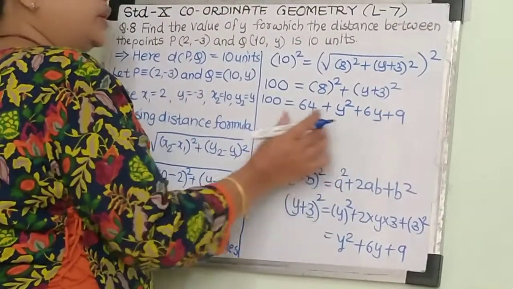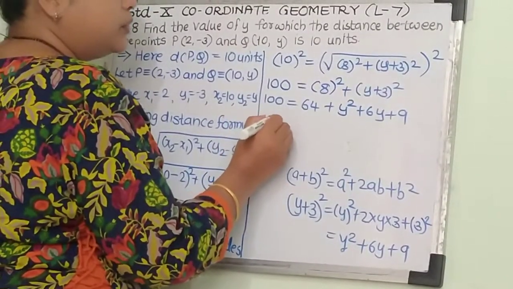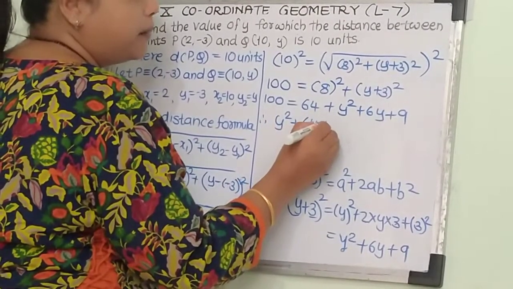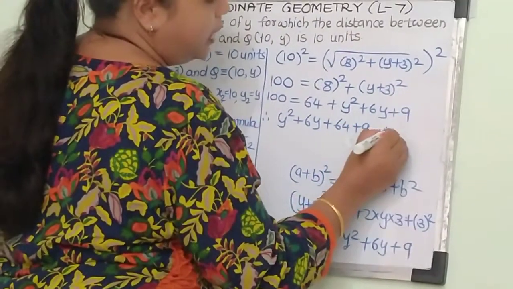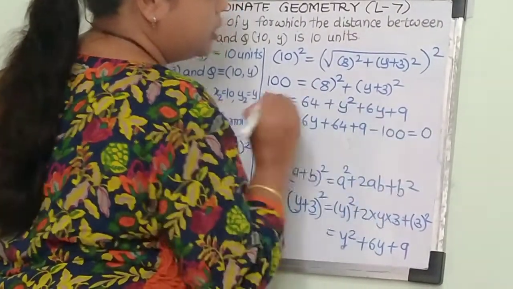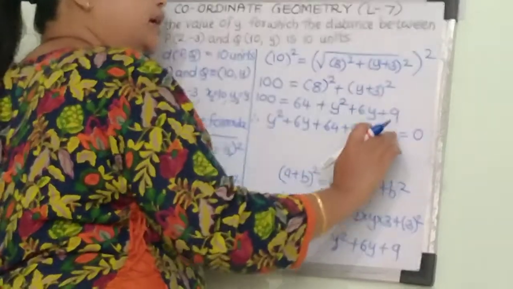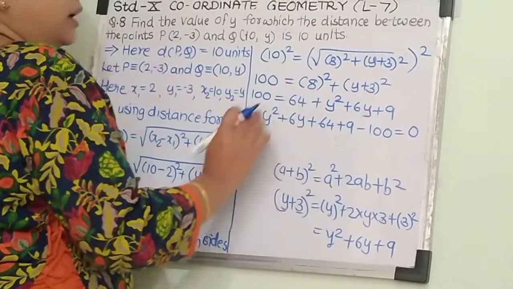Now we are going to shift 100 to this side. So therefore y square plus 6y plus 64 plus 9 minus 100 equals 0 we get, because only 100 we are shifting to this side, the remaining part I will write as it is.